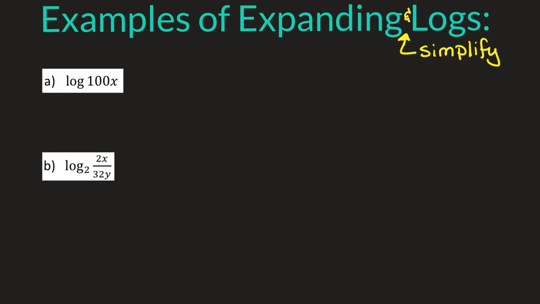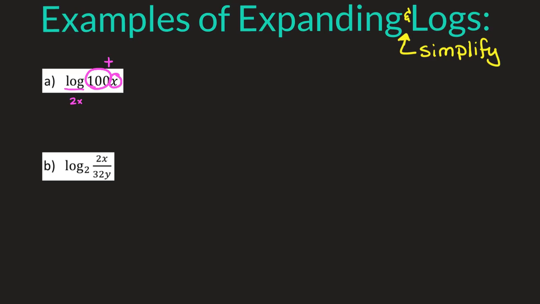All right, so looking at our first example A, I'd like to identify how many parts I have. I know I have 100, and I have an x. They're being multiplied, so I know that's going to end up being addition. I also know that means I'm going to write the word log 2 times.